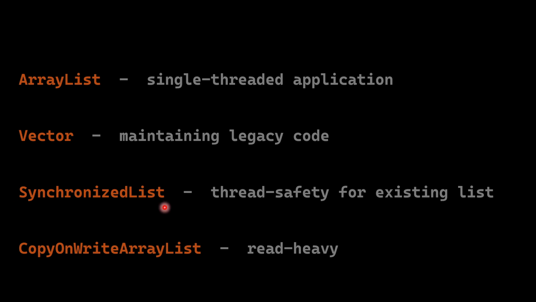Use synchronized list when you need thread safety for existing list implementations and can manage synchronized iteration blocks. And at last, opt for CopyOnWriteArrayList in read heavy, rarely modified multi-threaded scenarios like event listener management. The choice depends on your specific requirements for thread safety, iteration behavior, and performance characteristics.